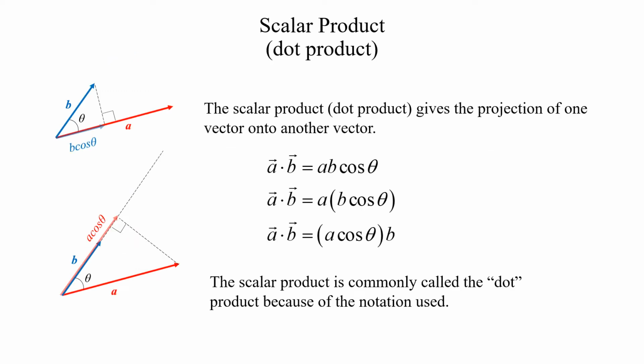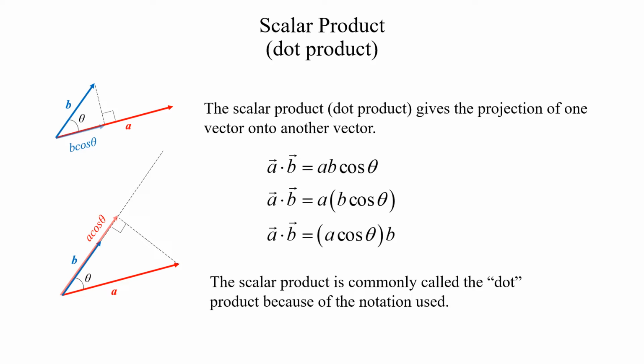Another way to look at the scalar product: when I do the dot product between two vectors, I get the projection of one vector onto another. So in the top diagram, I see the component of vector B that points in the direction of A is B cosine theta.